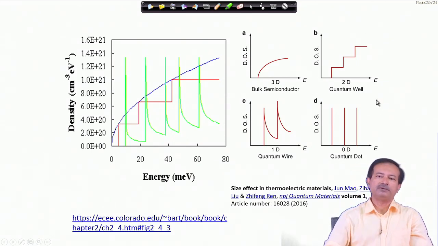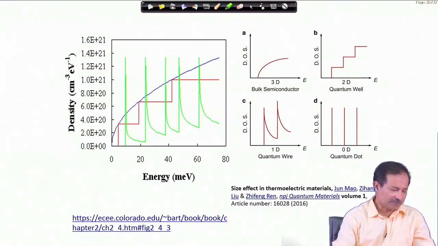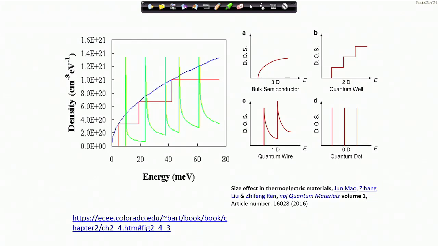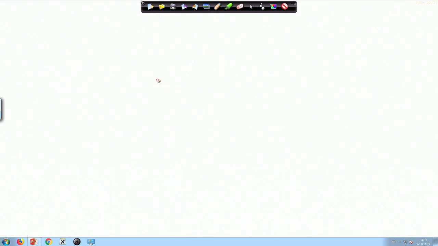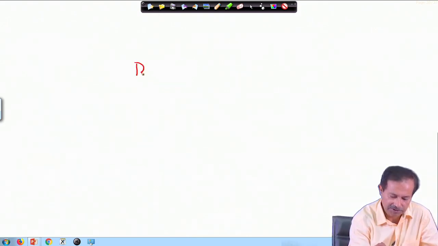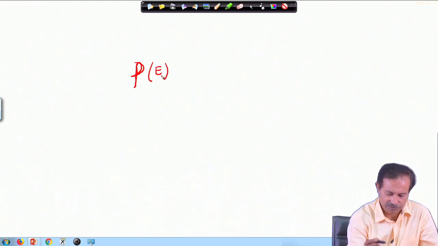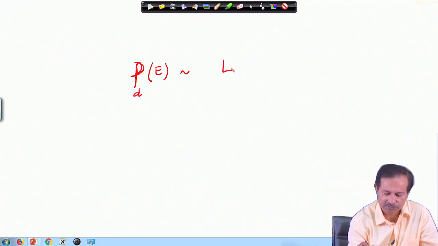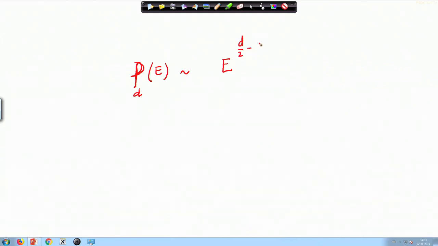In general, if you calculate the way I just did, you will find that the density of states, rho of E, which is basically dn/dE in a dimension d, typically goes as E to the power d by 2 minus 1, when E goes as k square.